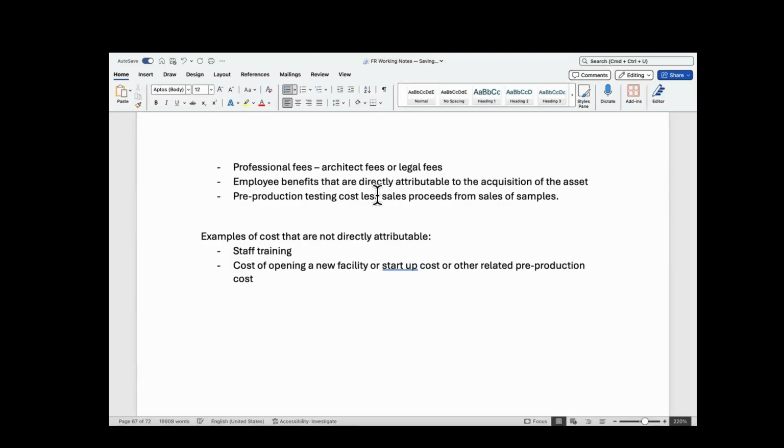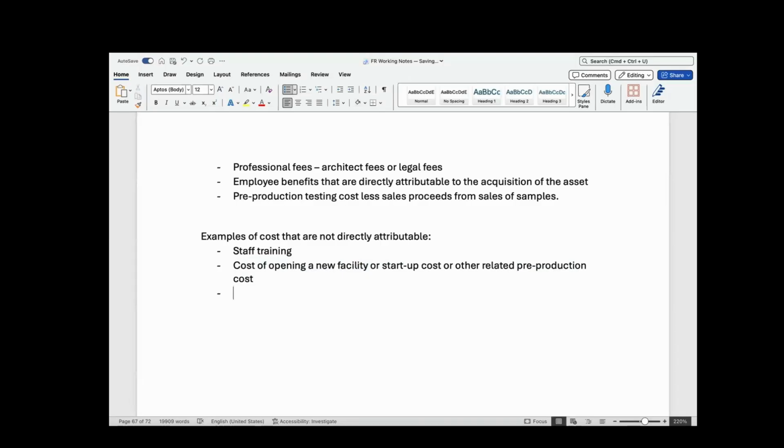These costs are expensed. You incur a cost to open the facility, you have a structure ready, you then did an opening ceremony, you called people, or any cost after the asset is ready. You are not incurring some cost just before you start using it. You expense those ones. You don't capitalize them.